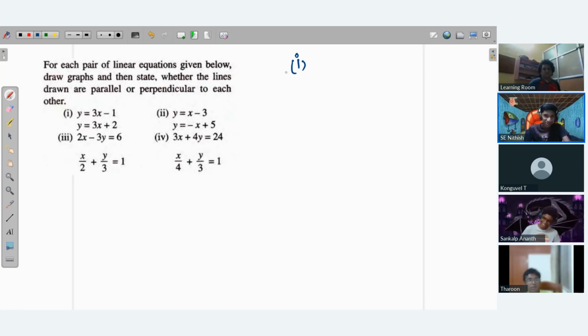Try with 21. Can I try 21 and negative 21? You take any points of your choice. Just tell me whether they are parallel or perpendicular.